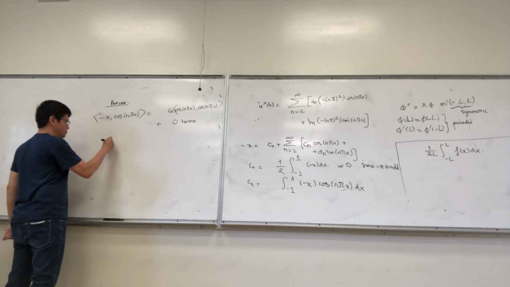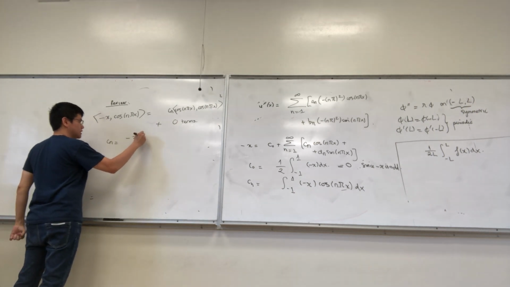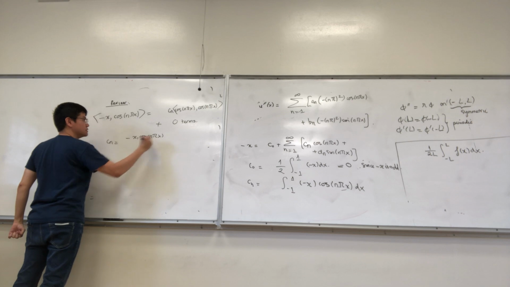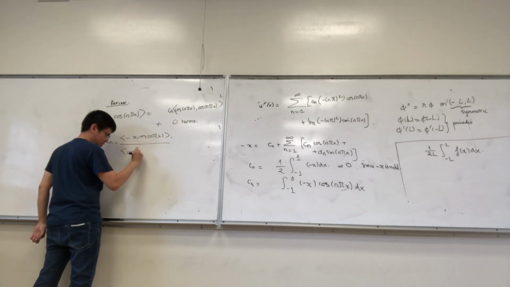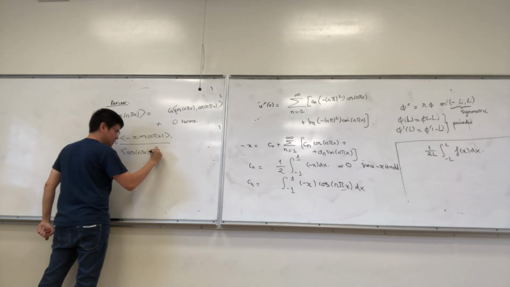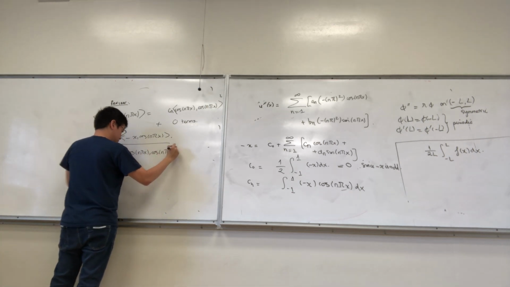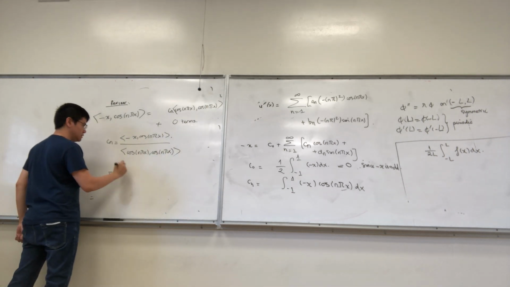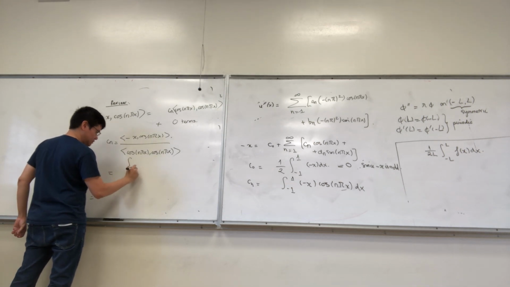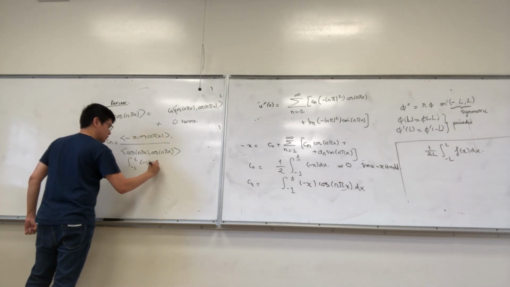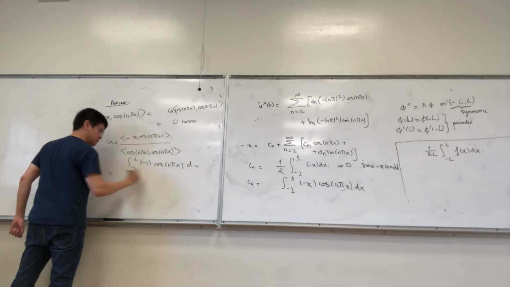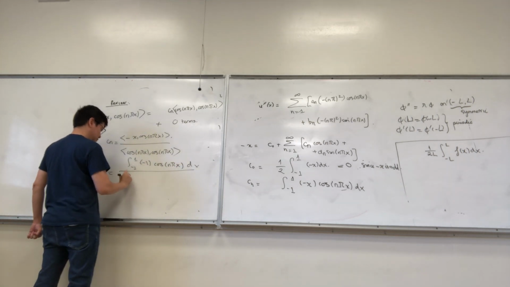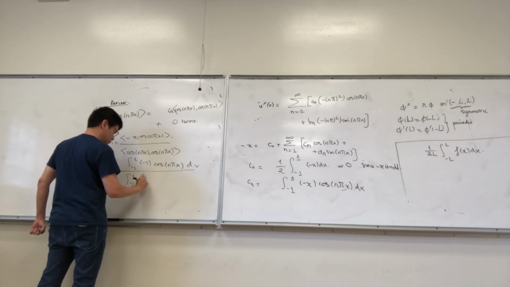So then Cn will be minus x cosine n pi x divided by cosine n pi x times cosine n pi x. And this gives me the integral from minus 1 to 1 of minus x cosine of n pi x dx, divided by the integral from minus 1 to 1 of cosine n pi x squared.